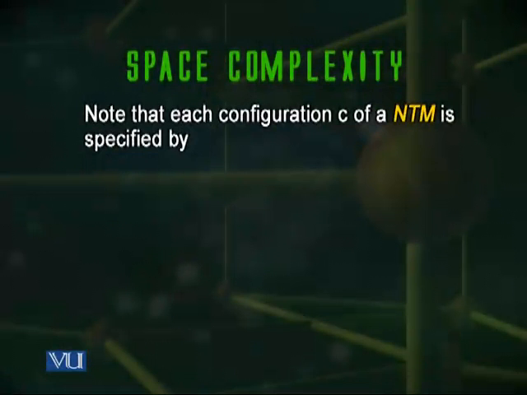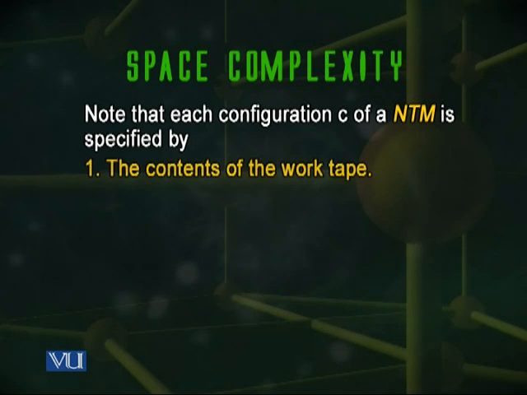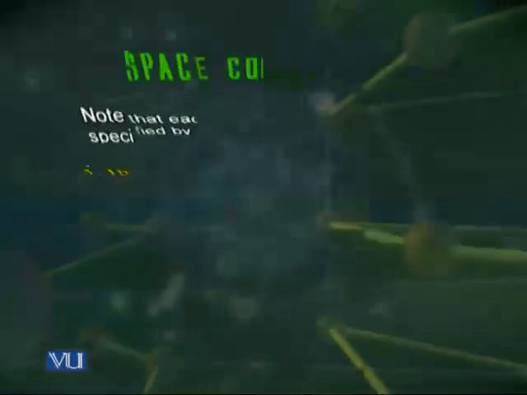Now what we note is that a configuration C of the non-deterministic Turing machine is specified by three things. Number one is the contents of the work tape. Firstly, I have to tell you what is written on the work tape of this machine. That's a piece of information you need to know for knowing what the configuration is.